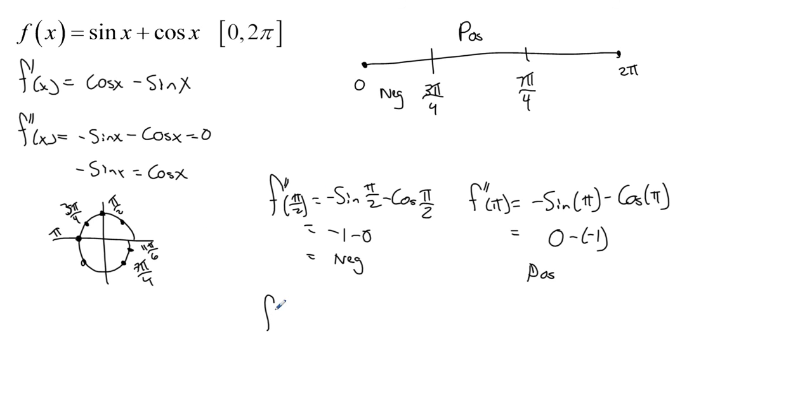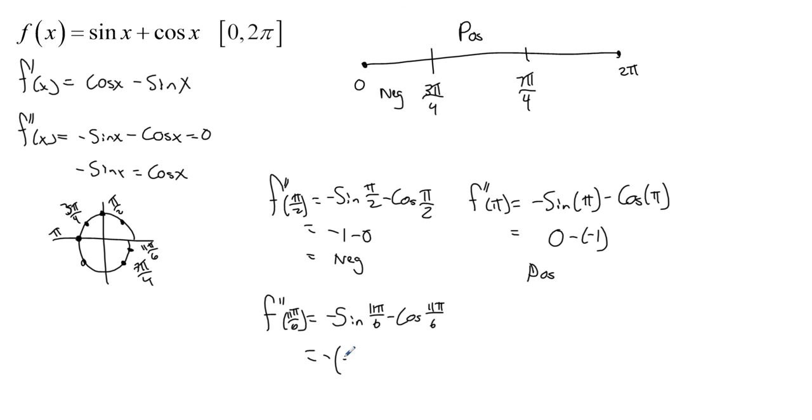So this is f double prime of 11π/6, the negative sine of 11π/6 minus the cosine of 11π/6.